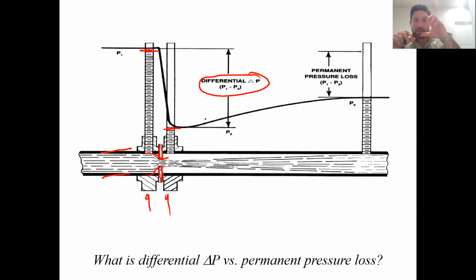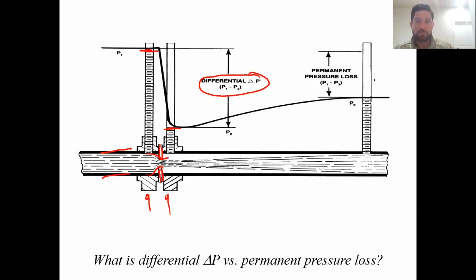So we can't just restrict the flow a little bit, because you can't measure very, very small changes in delta P. We want to measure at least 0.5 psi, 0.1 psi. If you try to measure 0.00001 psi, you might not have a tool to be able to do that.